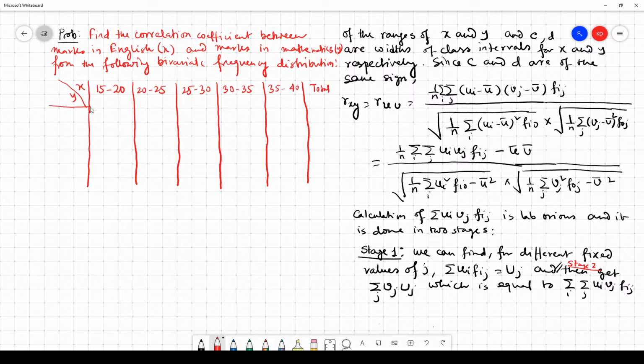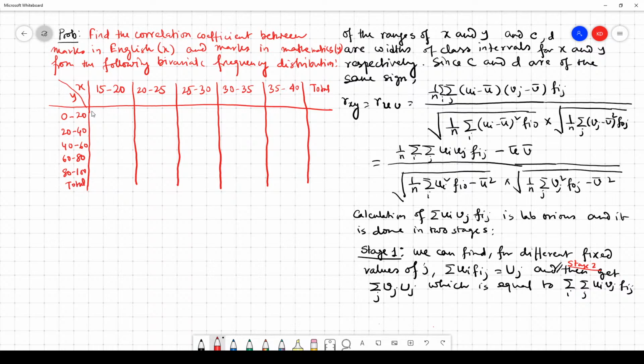For y: 0 to 20, 20 to 40, 40 to 60, 60 to 80, 80 to 100, and this is total.